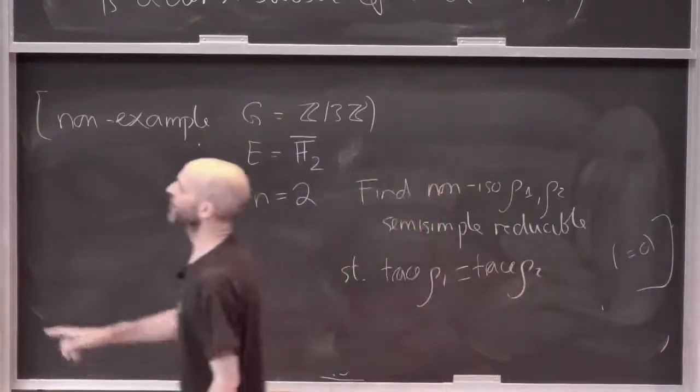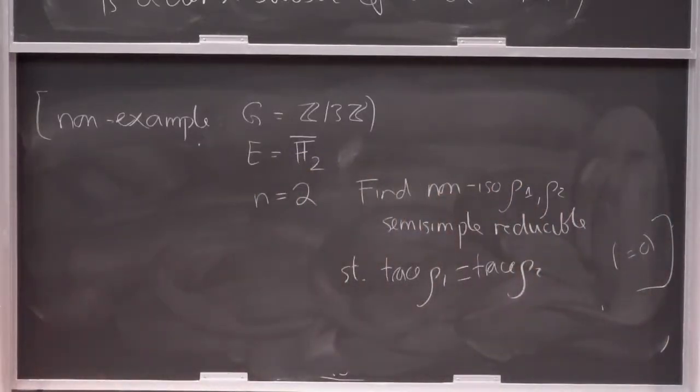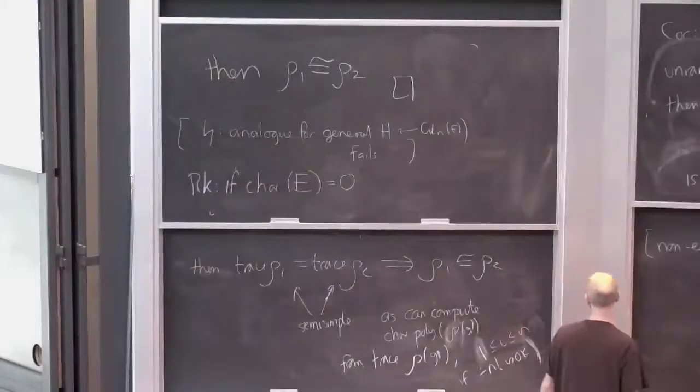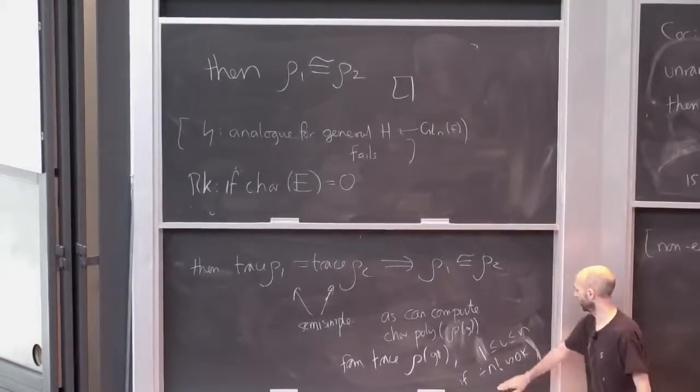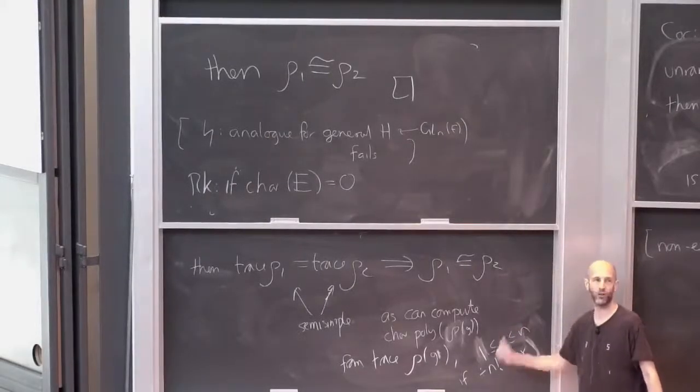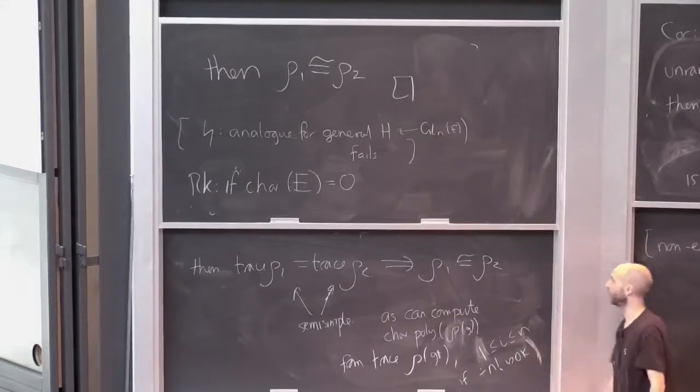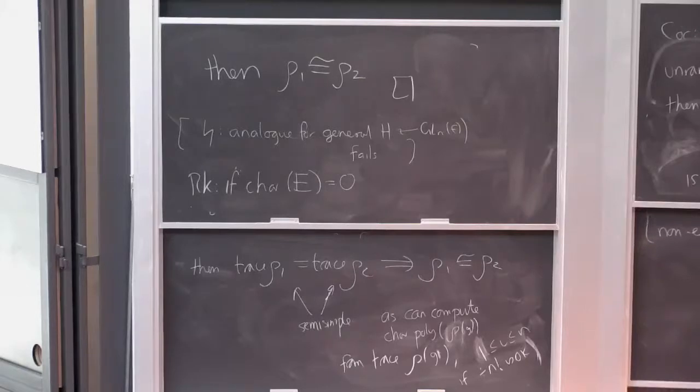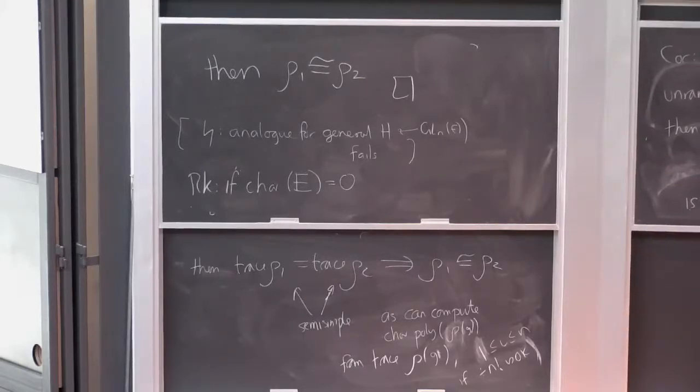So representations aren't always determined by their traces in the annoying situation where you can't divide by n factorial in your base. If n factorial is invertible in your field, then you're going to be fine. But n is 2, and 2 factorial is 2, and 2 is 0 in this coefficient field E. So Brauer-Nesbitt fails here.